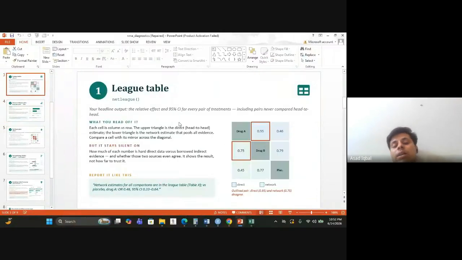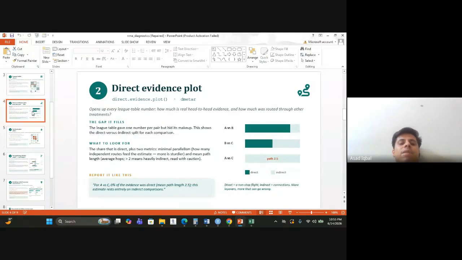First you understand the league table. What does the league table show? It compares different strategies, and their whole estimates are directly written there. It has an upper triangle and a lower triangle. Lower triangle is good because it has all the estimates. Upper triangle has only direct. After that, direct evidence: how much each has contributed by direct and how much from indirect.